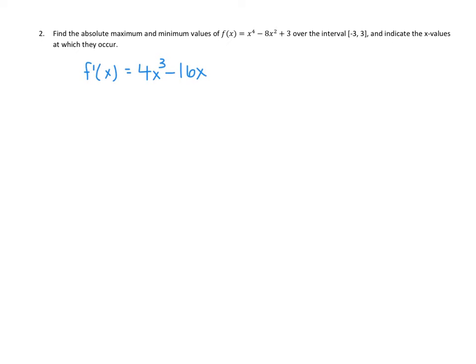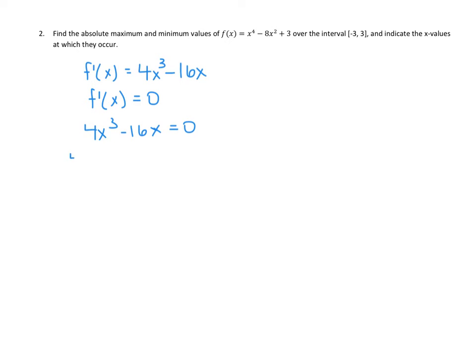Since we're looking at a polynomial function defined for all x values, our critical values are going to occur when the first derivative is equal to 0. So we set 4x cubed minus 16x equal to 0. We can factor this.